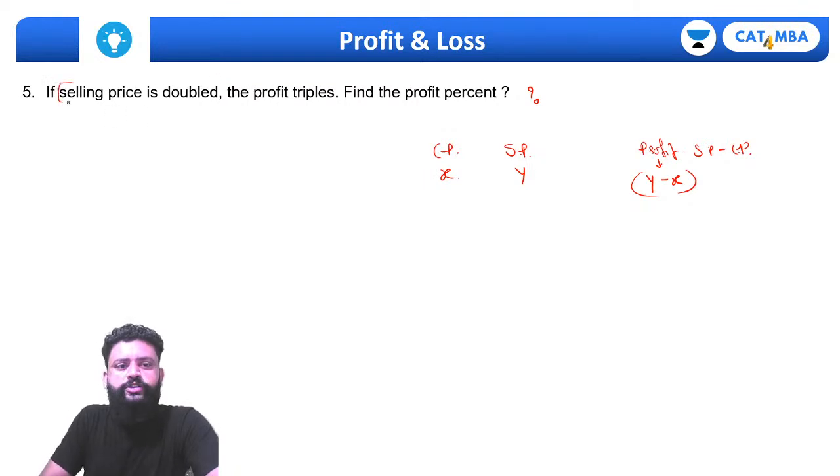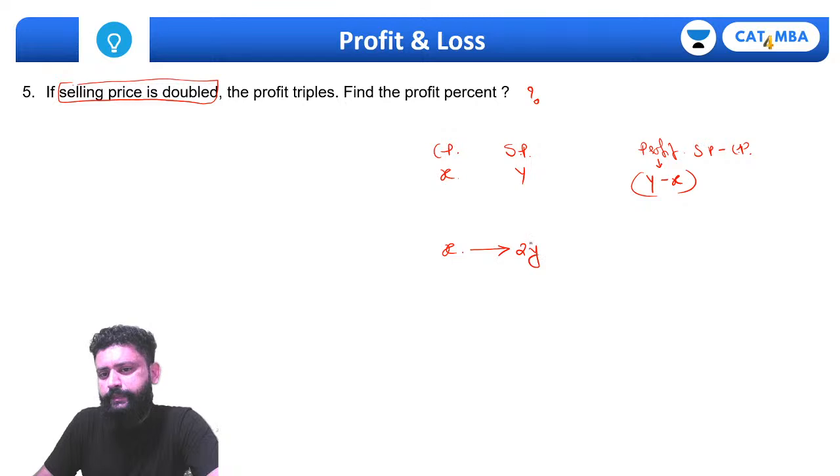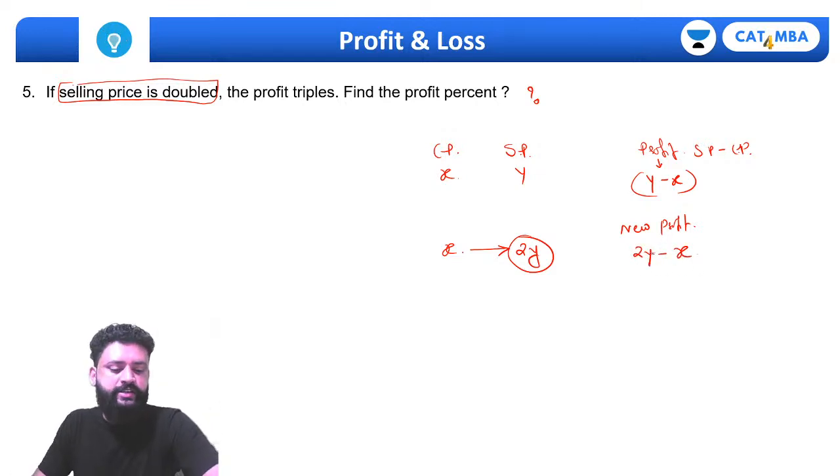Now I'm going to double the selling price. So my cost price will remain x and my selling price will double to 2y. So if this happens, now my new profit will be 2y minus x. Right, Shivam. That's correct.